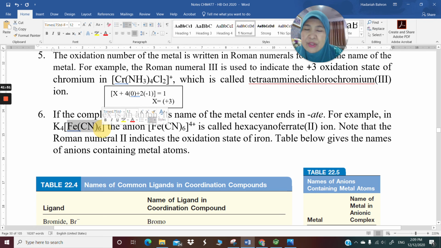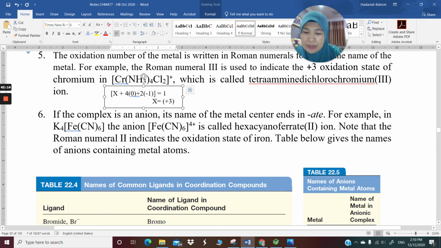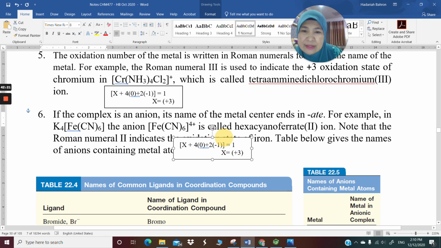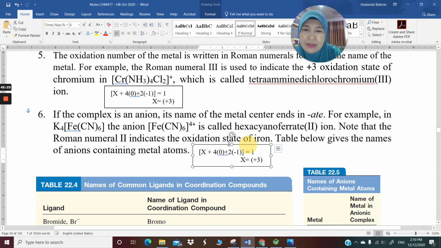So hexacyano. What is the oxidation state of iron here? We went through it there. It is 2 plus. Yeah. Hexacyanoferrate 2. I'm going through this very, very slowly with you, so you can follow it easily. Let's try and calculate the oxidation state of iron in this case.